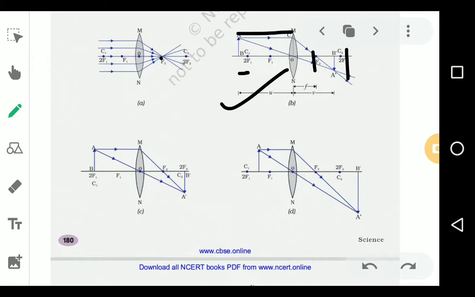The image is formed where the two refracted rays meet. The two refracted rays are meeting at this point A dash. From A dash, if you draw a perpendicular to the principal axis, you are going to get the image. So the image here is A dash B dash, that is produced exactly at 2F2.